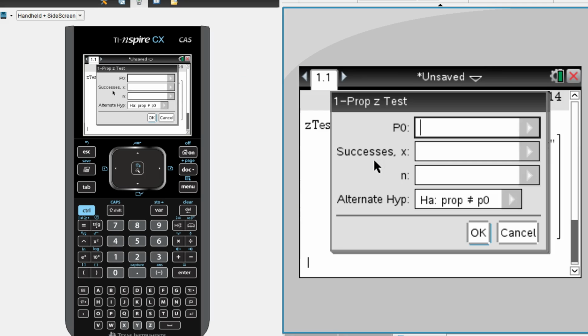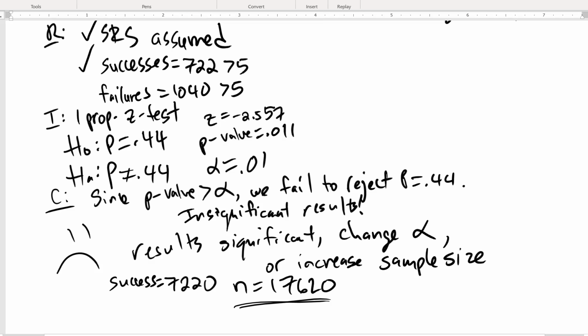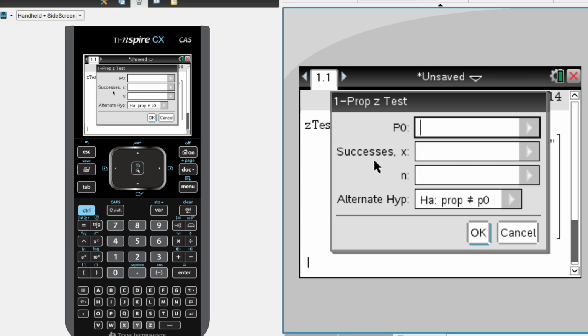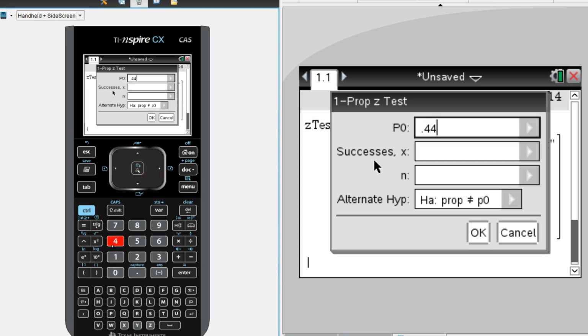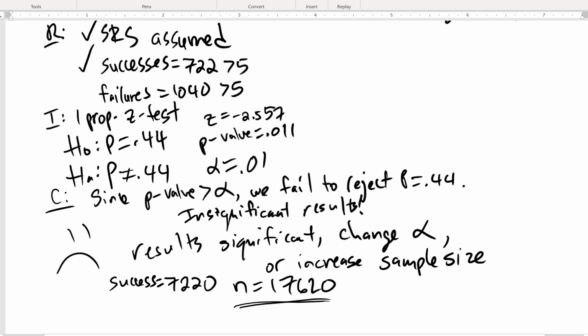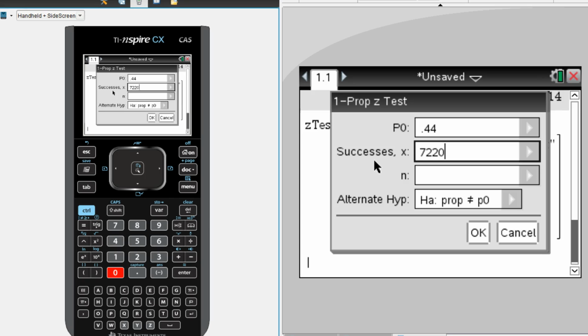One prop z test. Same claim. What was it? I lost it. Where is it? 44%? And instead of 722, I'm going to put 7220. And 17620.